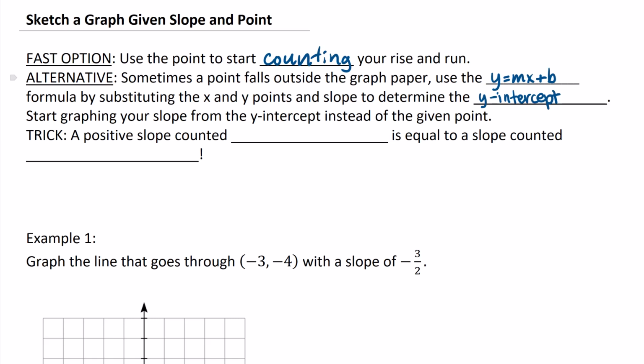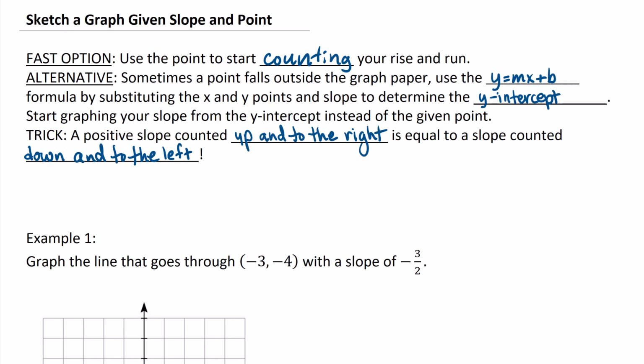There's also another trick that can be very helpful, and that is a positive slope counted up and to the right is equal to a slope counted down and to the left.